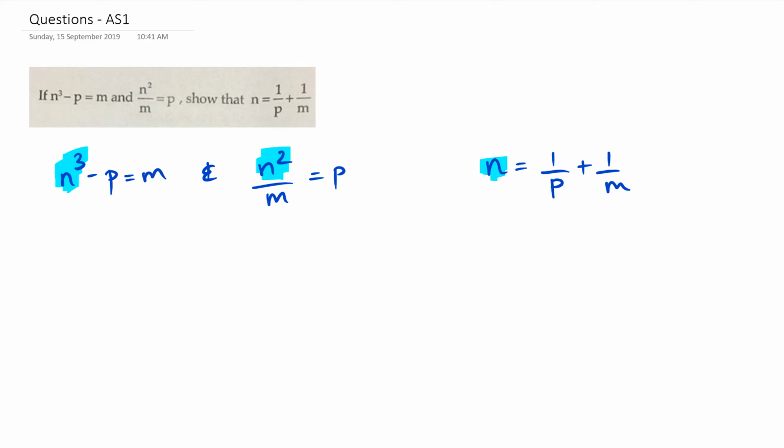So what we could do is, in this n squared equation, I'm going to rewrite this as n squared equals p times m, because when I cross multiply, it just becomes pm. And as for the n cubed, I'm going to rewrite this as n times n squared minus p equals m.